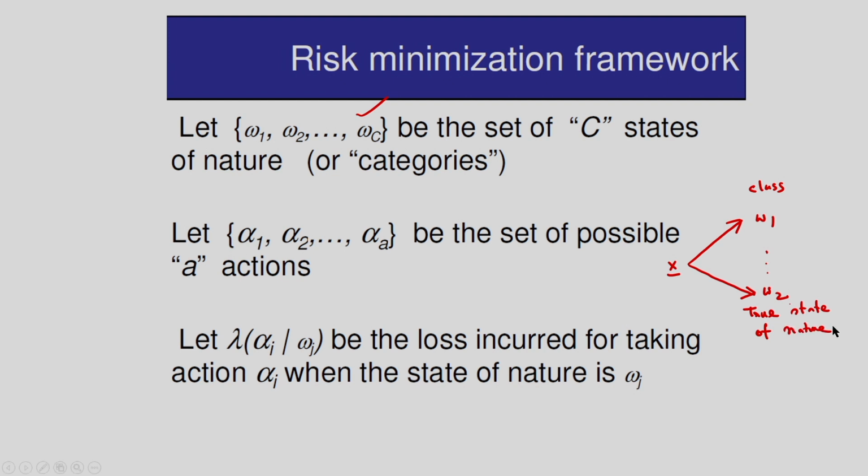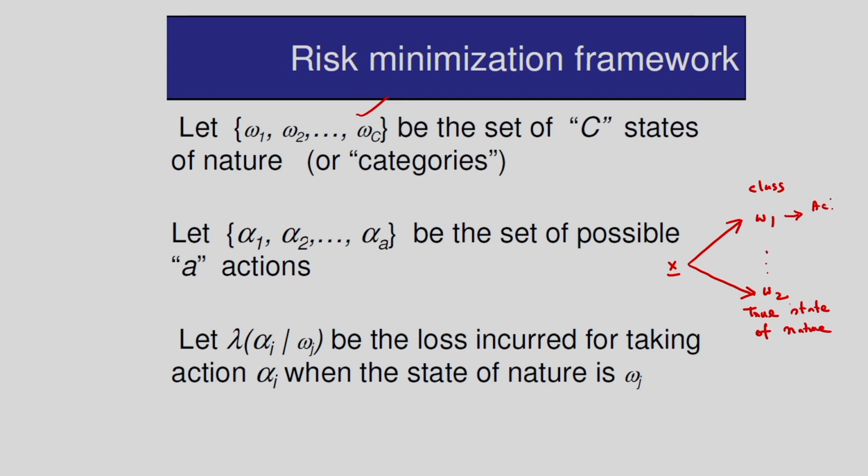So the feature vector x may be assigned to the class W1 or maybe W2 like this, and corresponding to this x belonging to W1, I am taking some actions.